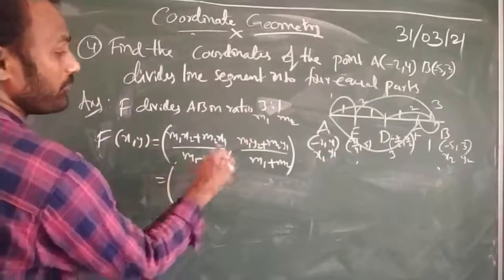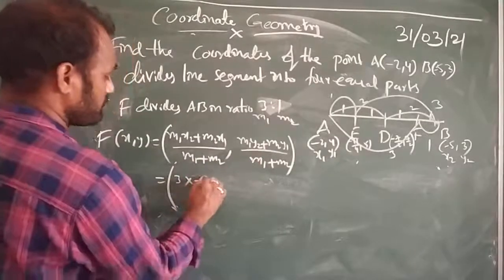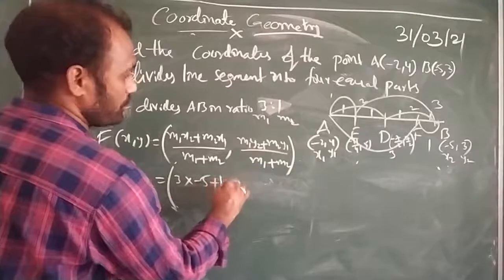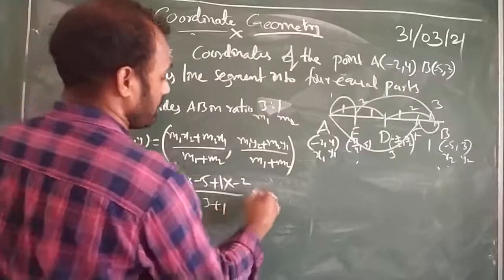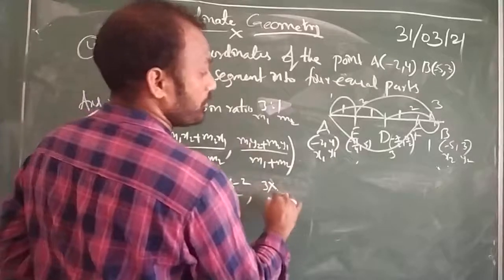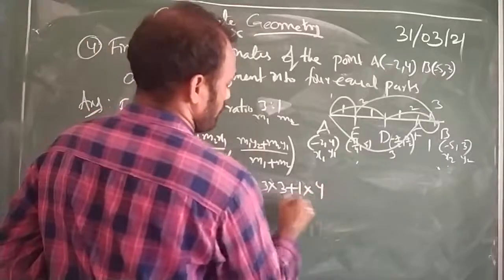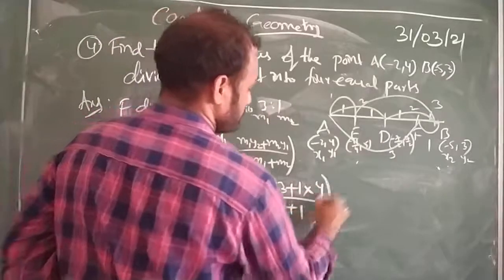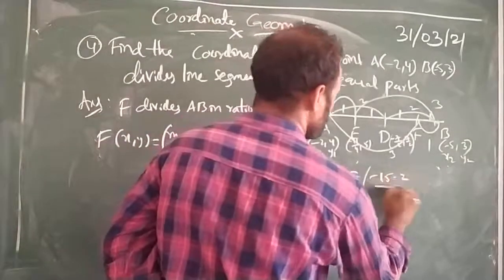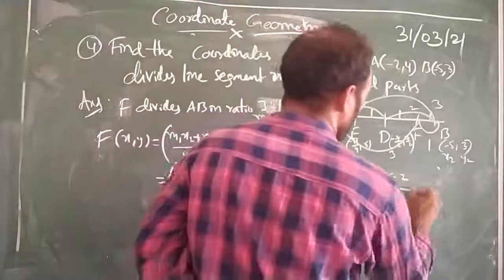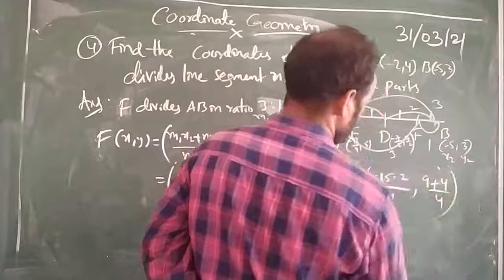That is equal to m1, 3, into x2, so x2 is minus 5, plus m2, 1, into minus 2, divided by 3 plus 1, comma, 3 into 3 plus 1 into 4 divided by 3 plus 1. 3 into minus 5 is minus 15, minus 2 divided by 4, comma, 9 plus 4 divided by 4.